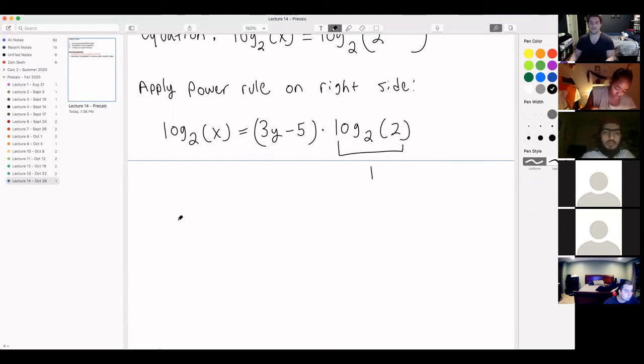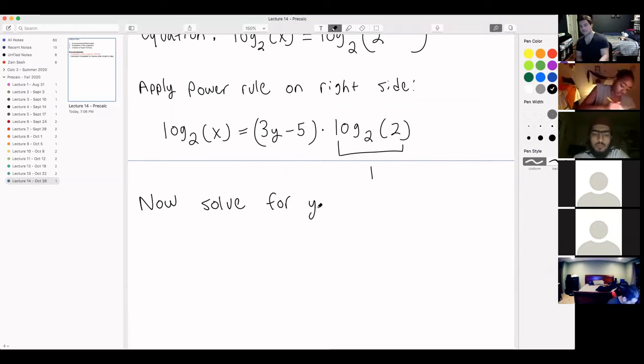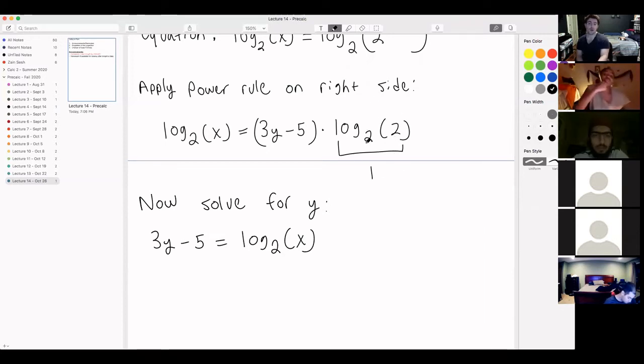Okay, so now solve for y, and that will be your inverse. So we have 3y minus 5 is equal to log base 2 of x. I just flipped the equation over and I rewrote log base 2 of 2 as 1.